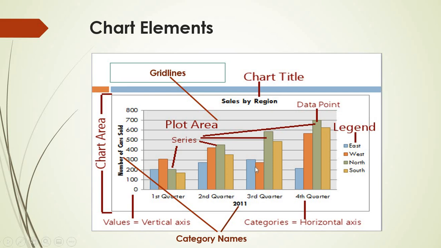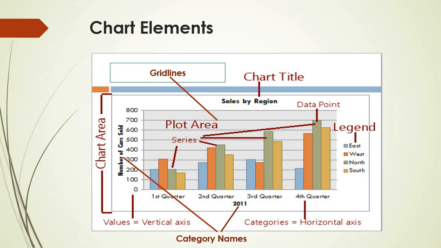Okay, now next one is the category names. These names can be either horizontal or vertical, and are displayed on the x-axis and the y-axis. Here this one is the x-axis category name. मतलब x-axis पे क्या नाम है उसको बोलते हैं category name, and what is the y-axis category name.